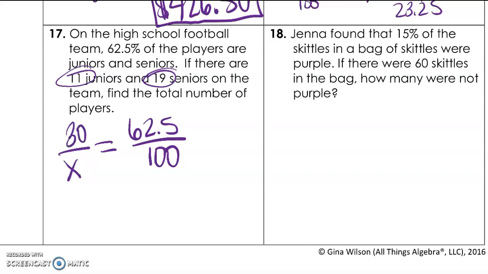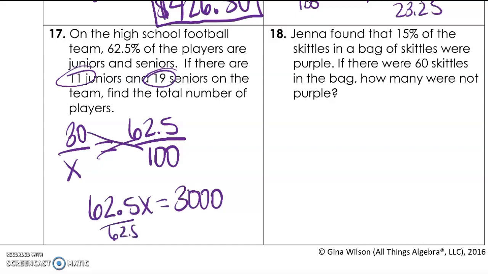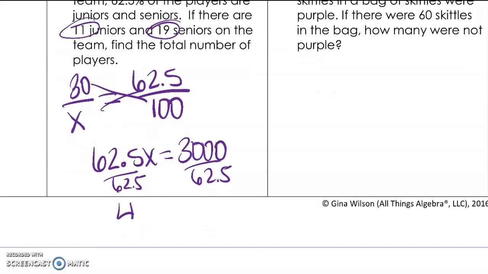So 30 of the players are juniors and seniors. So sometimes you're going to have to do a little bit of work before you set up your proportion. Cross multiply, 62.5x is equal to 3,000. Divide, and we end up with 48 players, 48 total players.